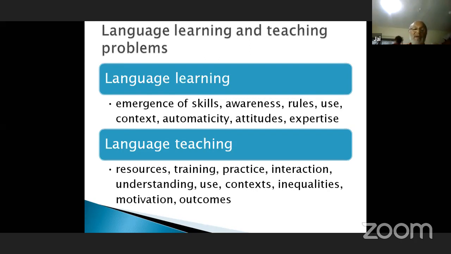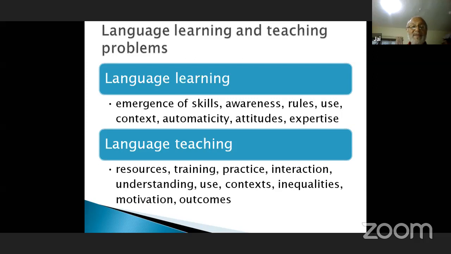In consonance with language learning, there is a problem of language teaching also because of the resources. We have to buy commercially available resources, or we have to produce our own resources. We need teacher training, overwhelming teacher training, to equip our teachers to teach in different contexts.